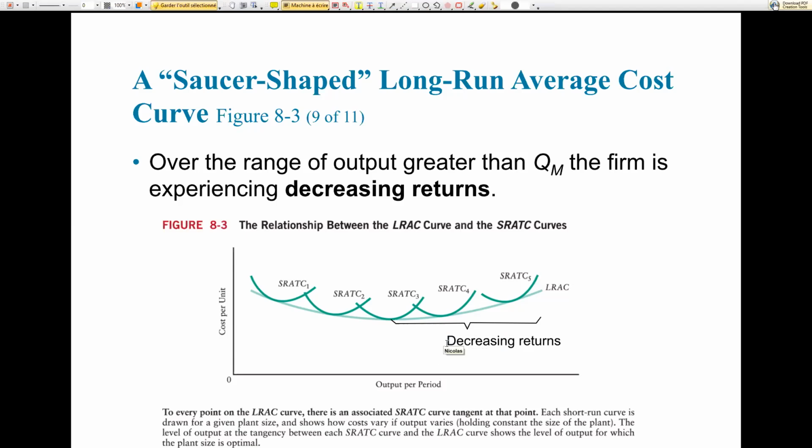Yeah, so if we go past, so let's again put back the QM. So if we produce more than QM, the firm starts experiencing decreasing returns. Why?